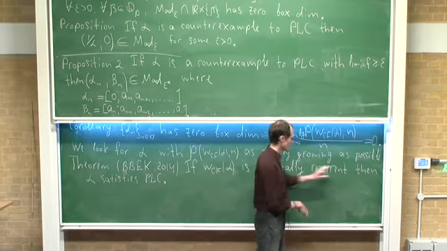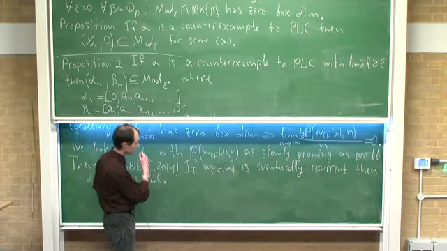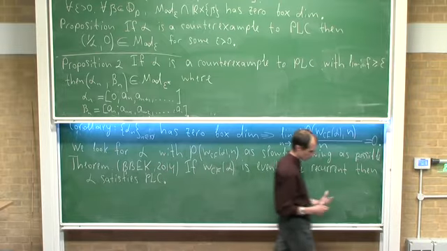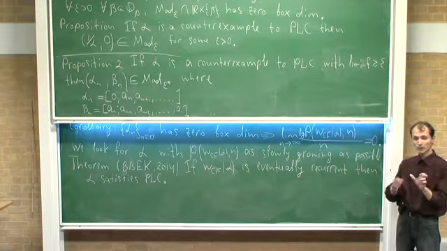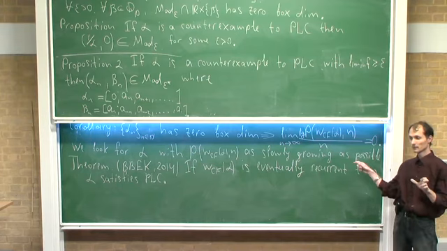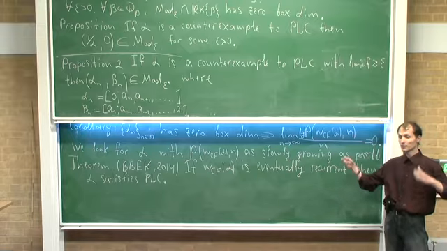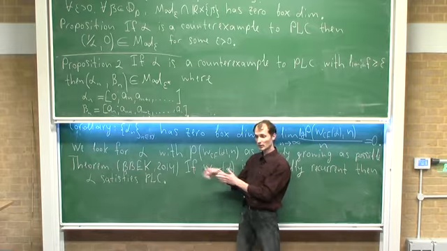Okay, so again, it comes from the combinatorics of words. What does it mean? An infinite word is called recurrent if every finite subword of this word appears in it infinitely often. So if you take any finite fragment of it, somewhere later you'll find another copy, and another, and another.